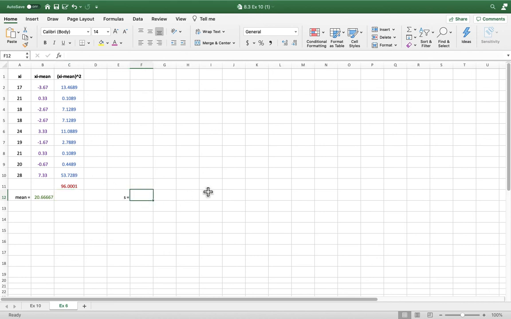And now for the standard deviation, we need to put in our formula. Remember, it's the square root of the sum divided by n minus 1. I'm going to go up here and put in n minus 1. We said that was 8. Okay?